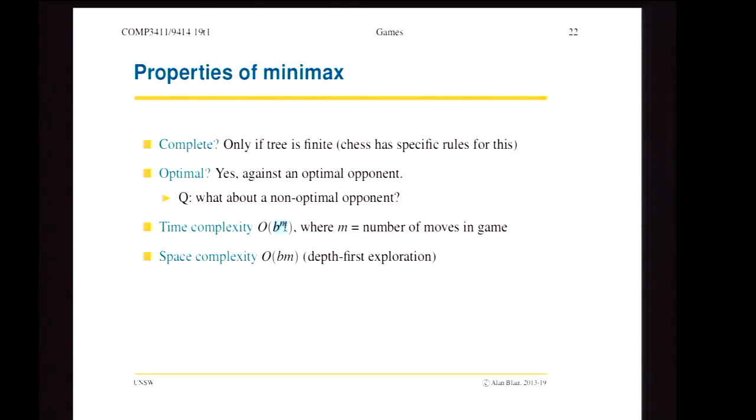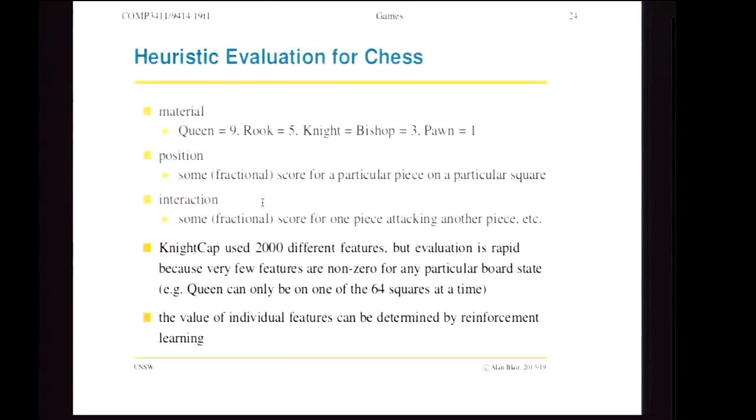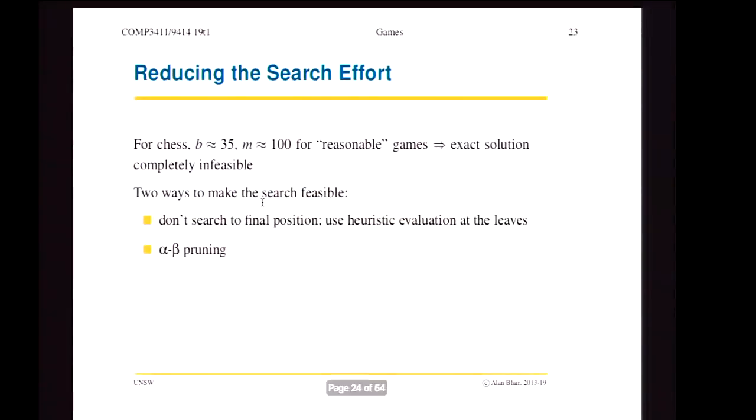So we want to look for ways to speed up this search. Actually, it's 35. The branching factor might be 35 in chess. And so this is where we get into the idea of alpha beta pruning.